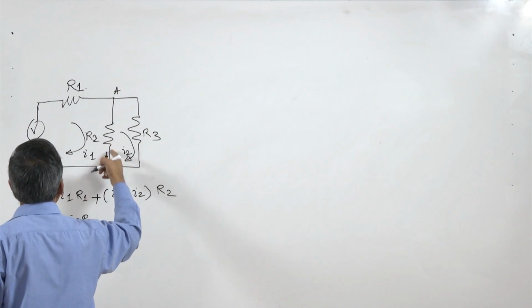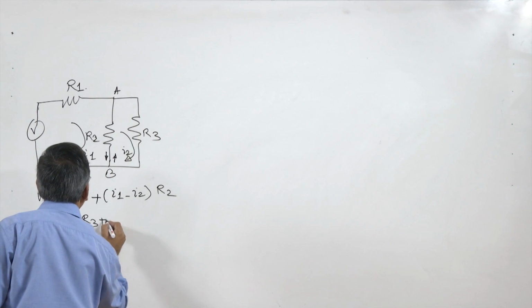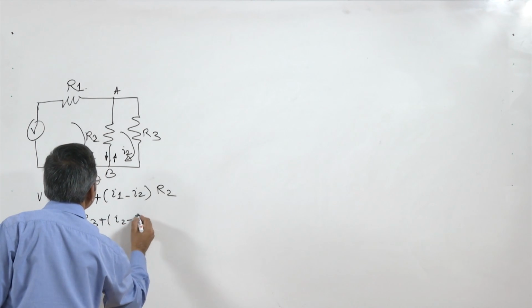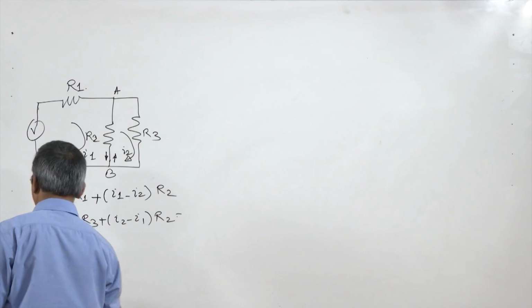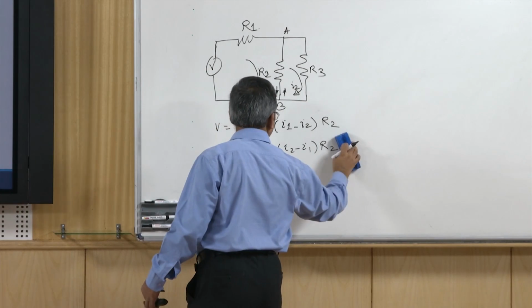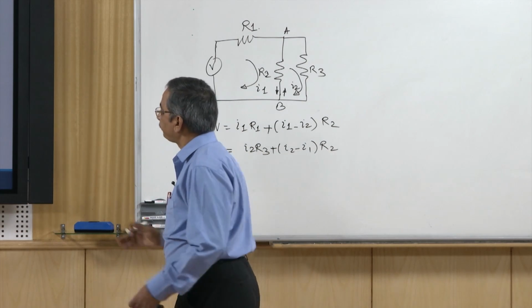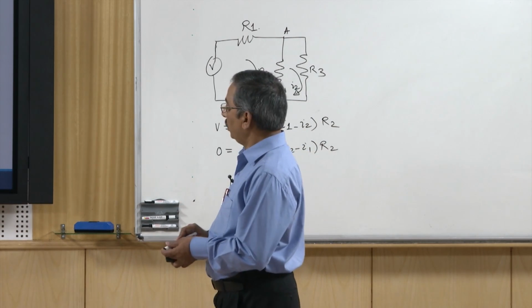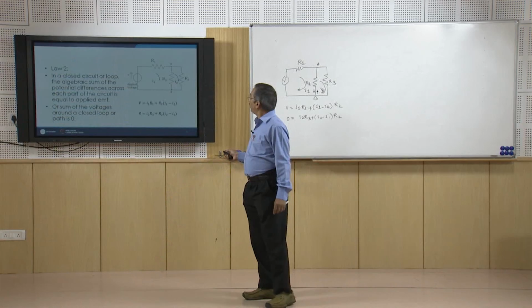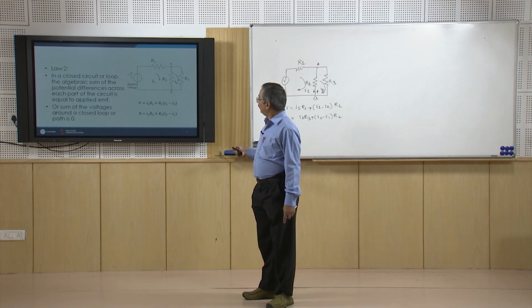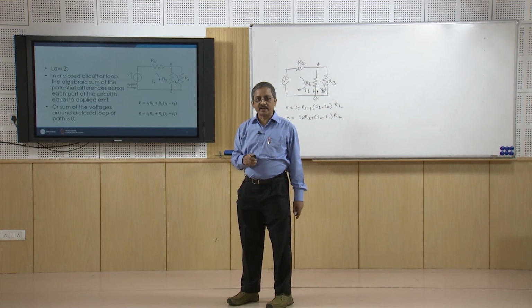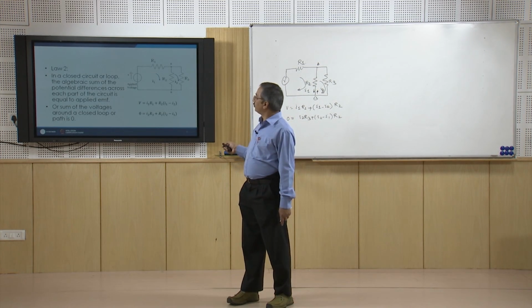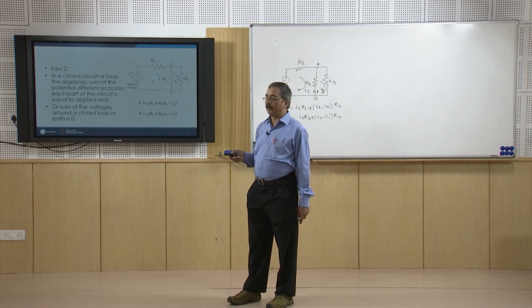So, the net current in this direction will be I2 minus I1 into R2. This is how I can write the expression for the second loop. This way we can write the equations for this system using Kirchhoff's second law, which is also called the voltage law.